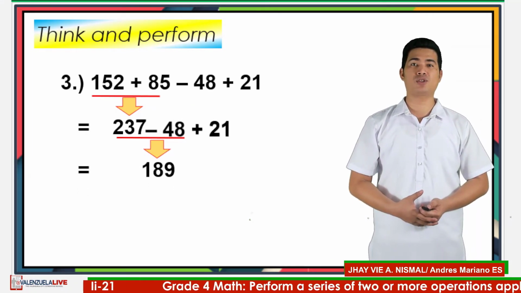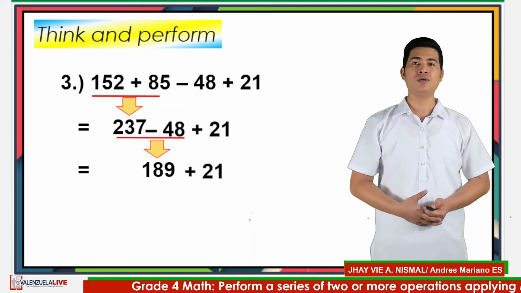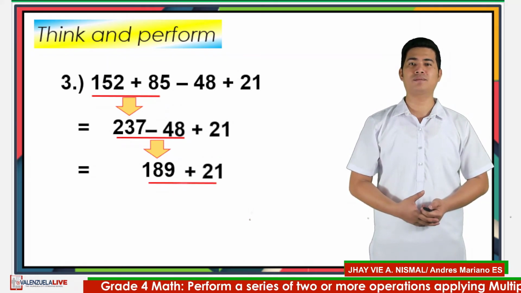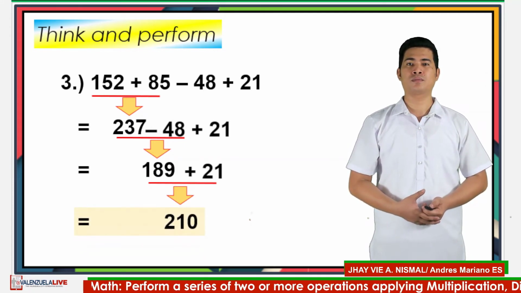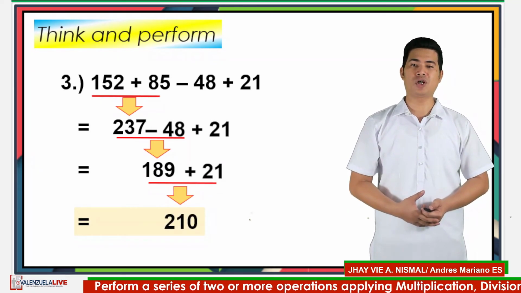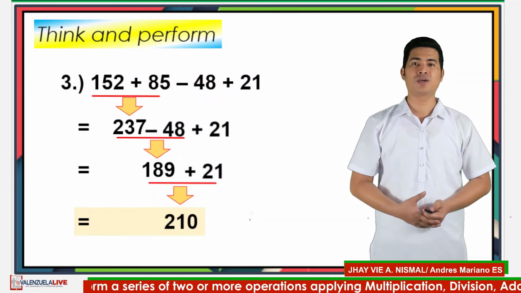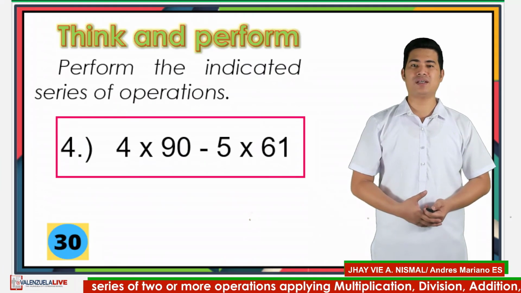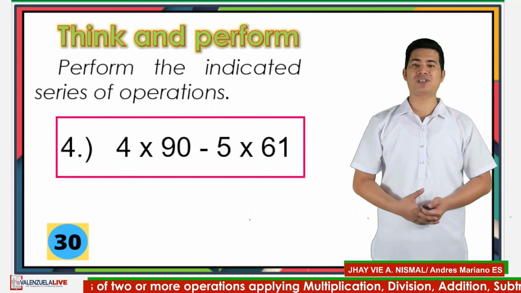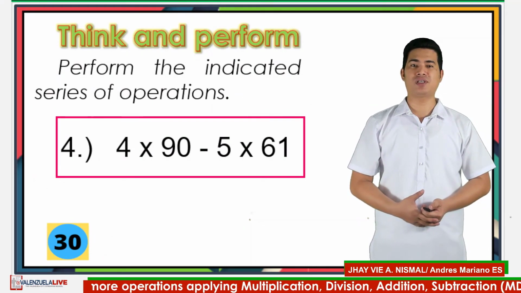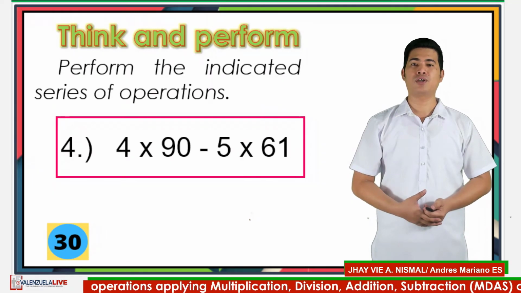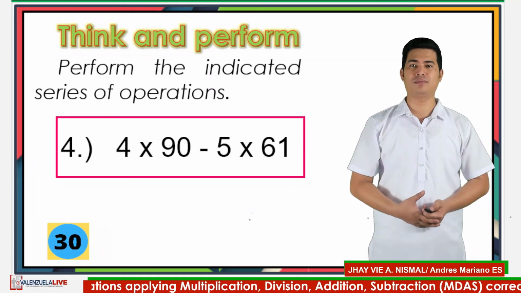Bring down plus 21. 189 plus 21 is equal to 210. Is your answer 210? Correct. Next, 4 times 90 minus 5 times 61. Your timer starts now.